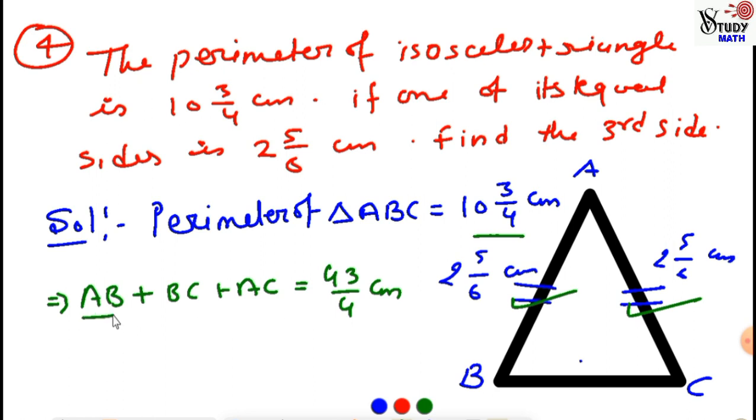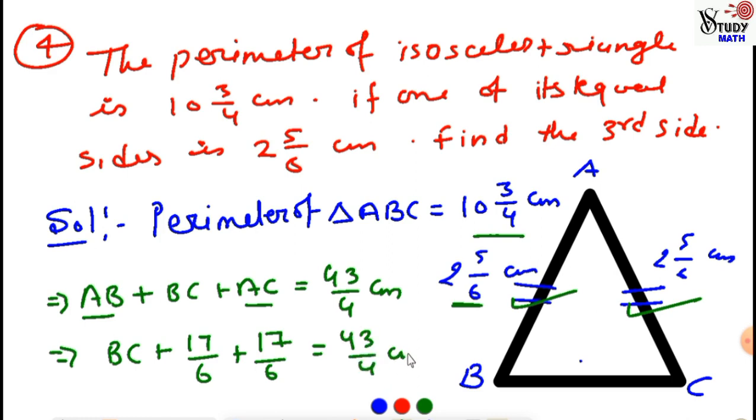Now put the values of AB and AC. BC remains the same here. Opening this mixed fraction, 12 plus 5, 17 by 6 is the value of AB and 17 by 6 is the value of AC, equal to 43 by 4 centimeter.